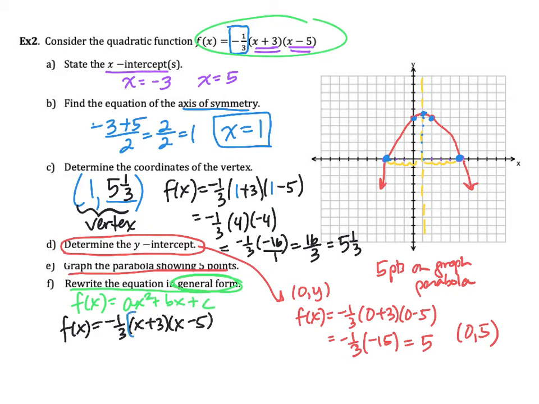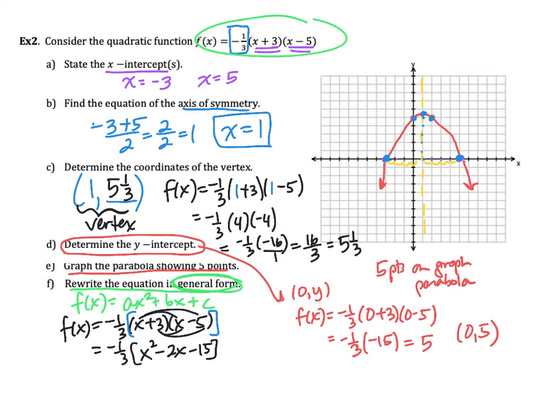Well, first you want to take x plus 3 times x minus 5 and expand that, and then distribute the 1/3. So remember, you're going to FOIL first, outside, inside, last. I get x squared minus 5x plus 3x, which is negative 2x, and then 3 times negative 5, which is negative 15.